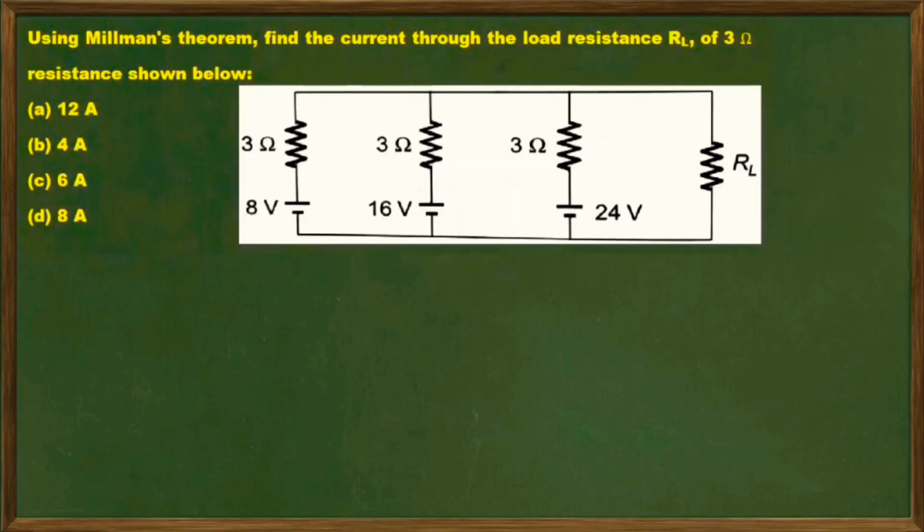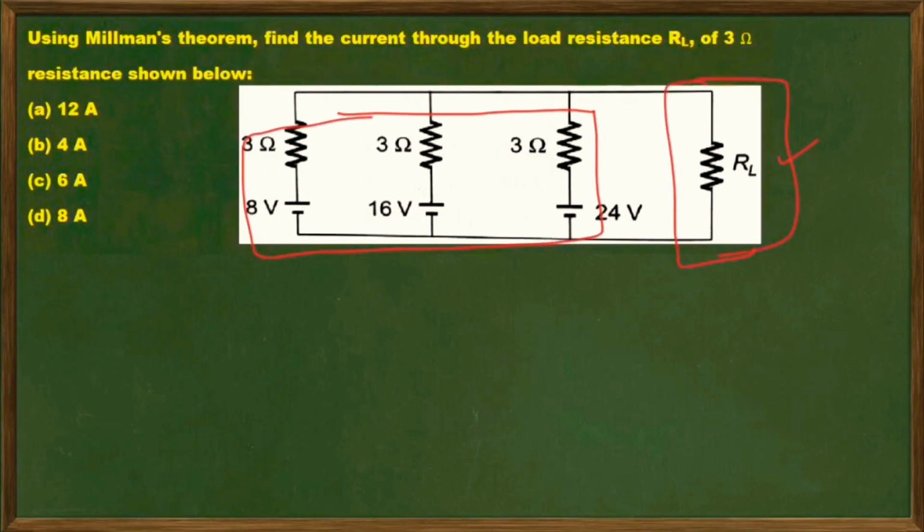Here in this question we have been given a network with 4 parallel branches. These 3 are sources and this is the load. We have to use Millman's theorem and find the value of current that flows through the 3 ohm resistance RL.